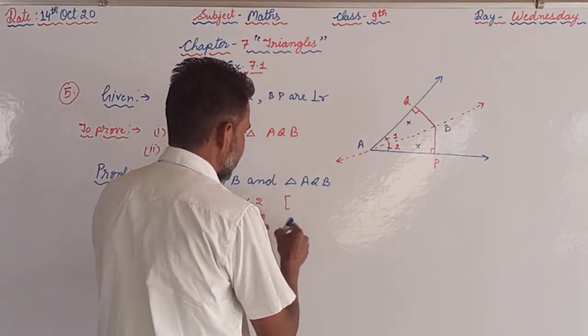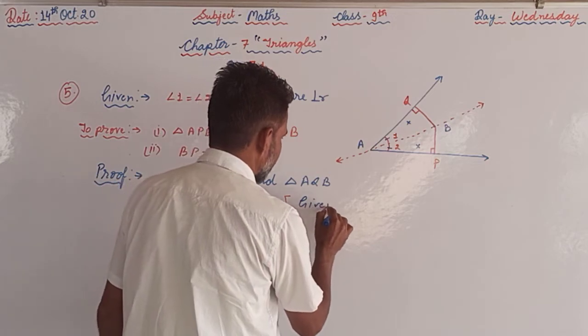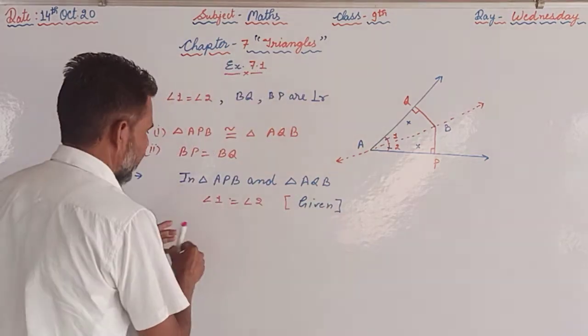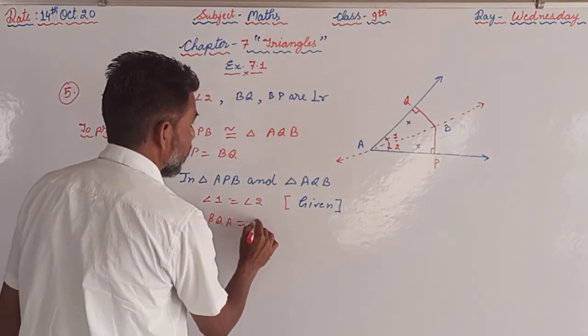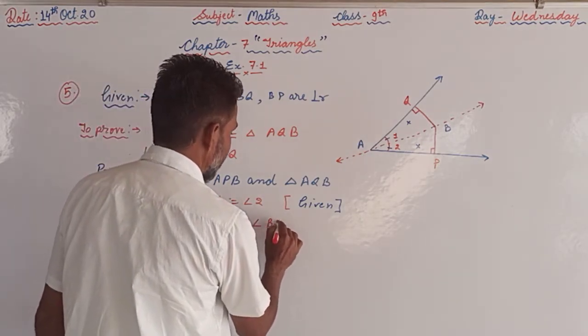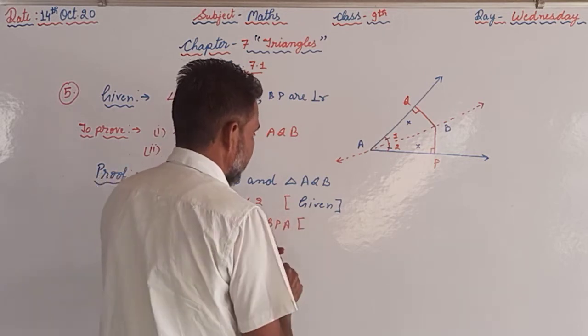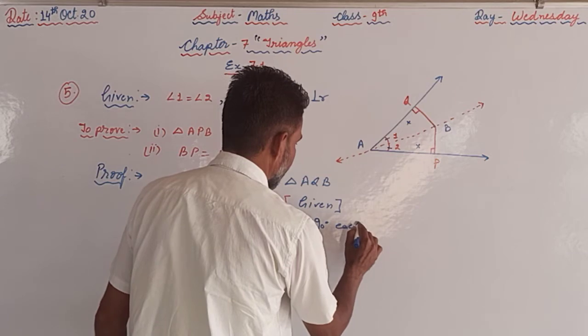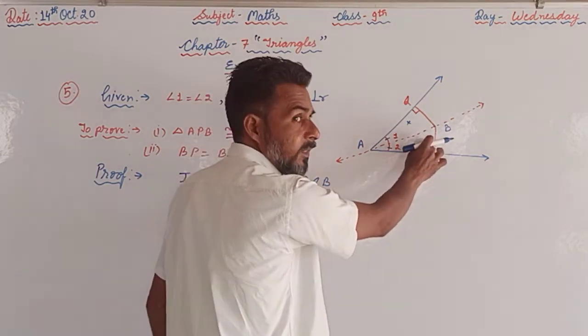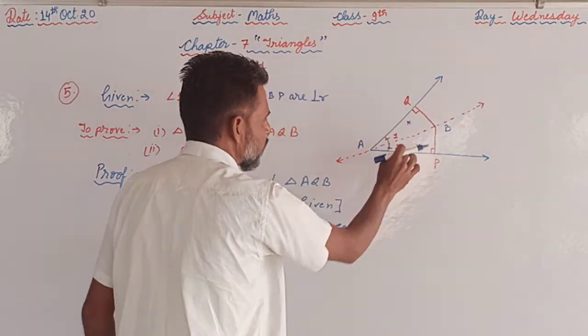Why? That is given. Angle BQA is equal to angle BPA. Why? 90 degrees each. This is 90 degrees, this is 90 degrees, angle 1 is equal to angle 2.